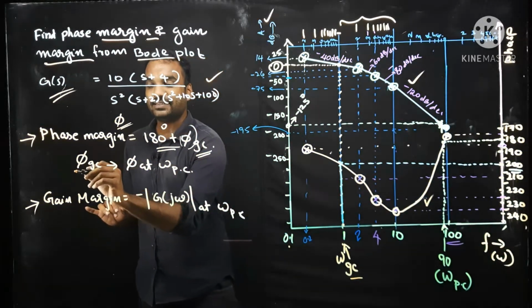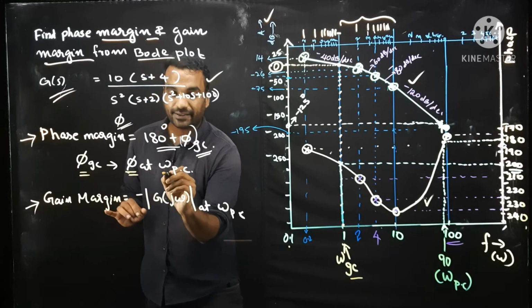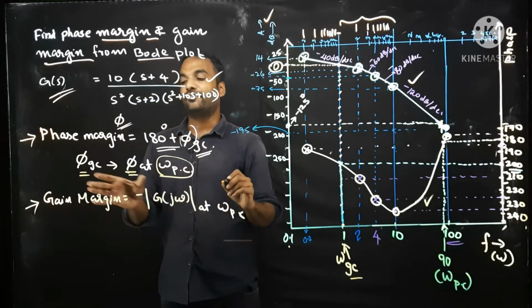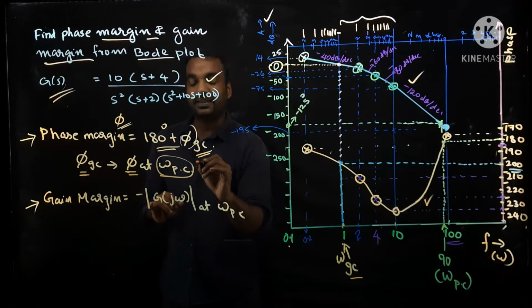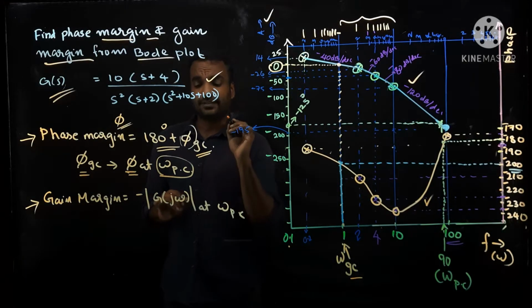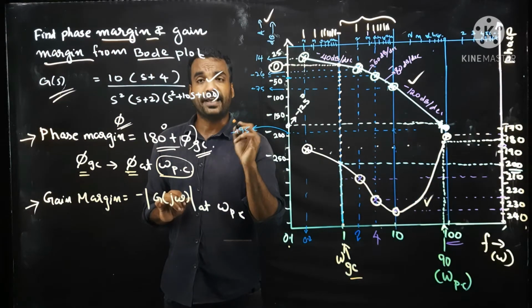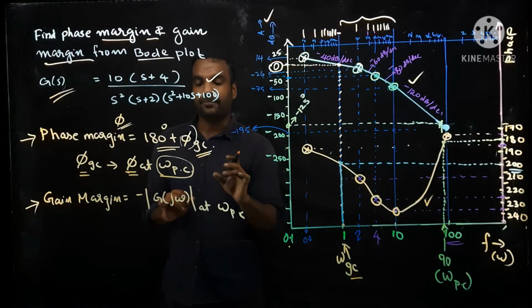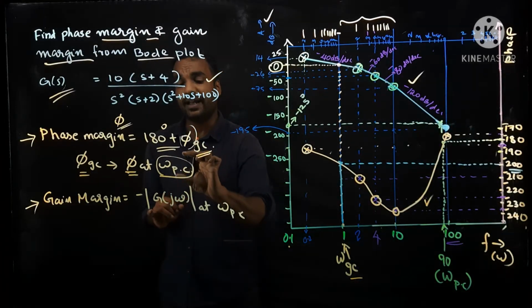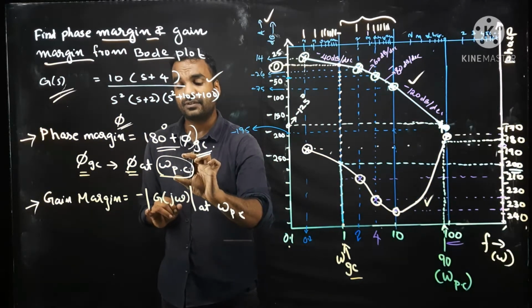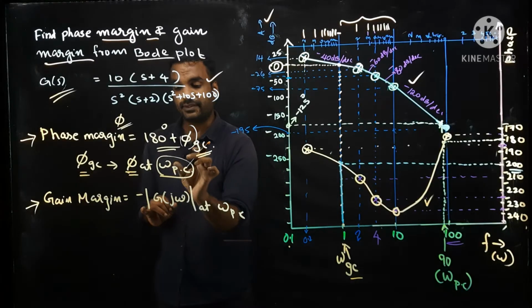So phi GC is the phase at gain crossover frequency. And what is gain crossover frequency? It is the frequency at which gain crosses 0 dB. That we will clear in the next slide.